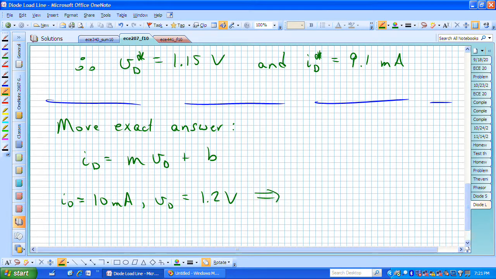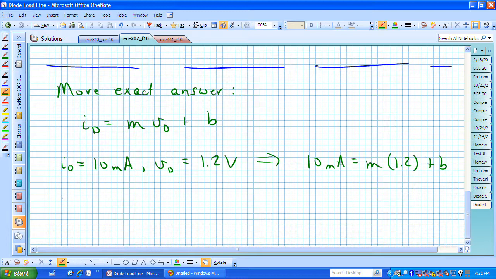So that says we have 10 milliamps equal to M times 1.2 plus B. We also know on the low side, when I sub d is equal to 0 milliamps, V sub d is equal to 0.6 volts.